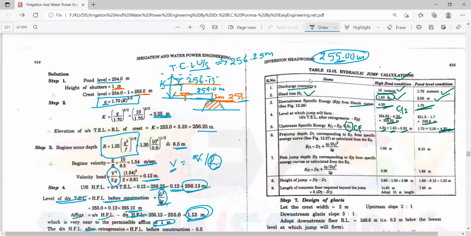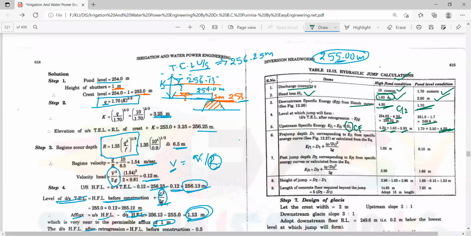If you consider the high flood level, the upstream depth is 1.03 meters. If you consider the pond level, 0.15 meters will be the depth. So pre-jump depth D1 corresponds to EF1 from the specific energy.